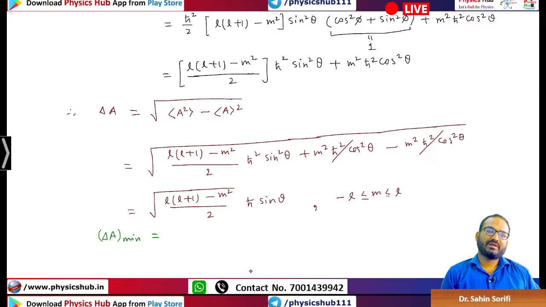Look, for a particular value of m, what is the value of m you will take here so that this delta A expression becomes minimum?